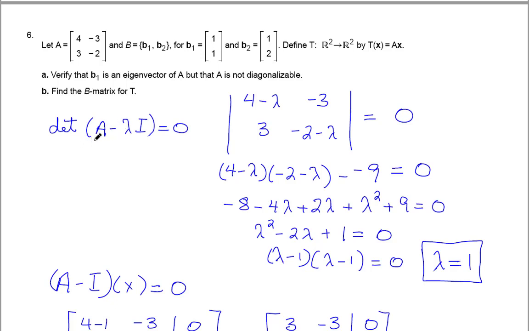So let's look for the eigenvalues. So I form the determinant of A minus lambda I, so we do that, minus a minus 9.